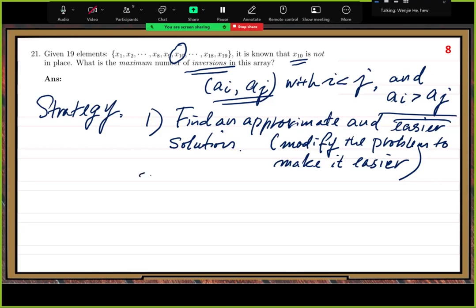The second step: fix the gap. There must be a gap between this approximate solution and the final solution, so we fix that gap part.